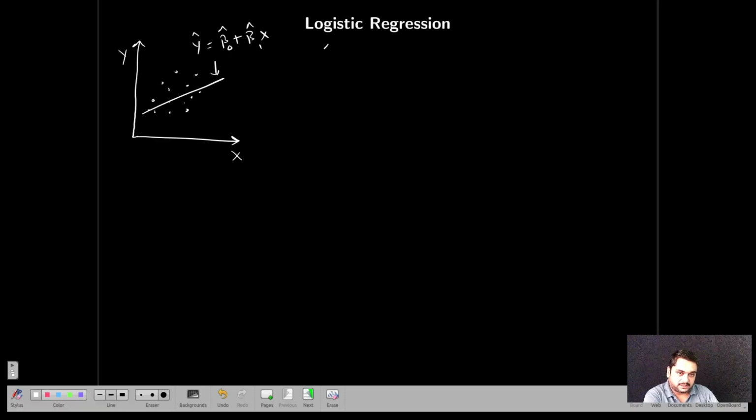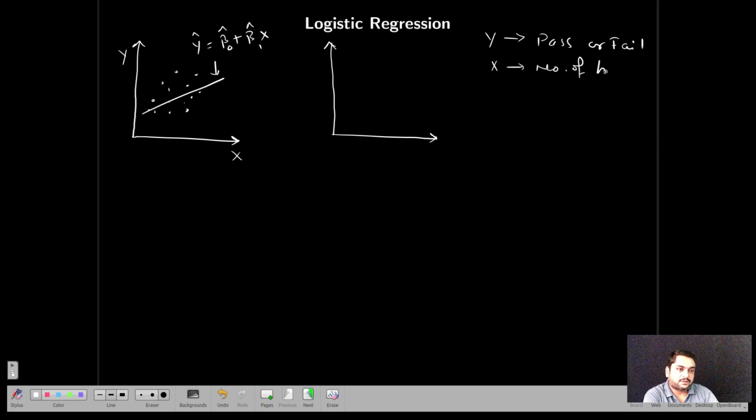Now let us take a data set that is something like this. Let us say y is pass or fail in the exam, and x indicates the number of hours of study per week. Let us take this example.